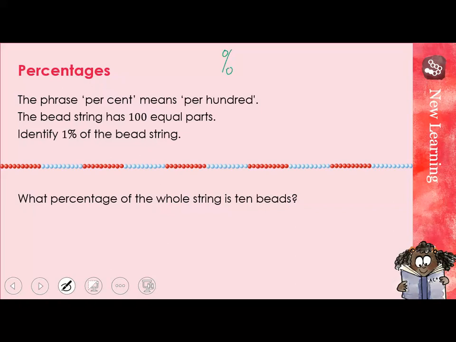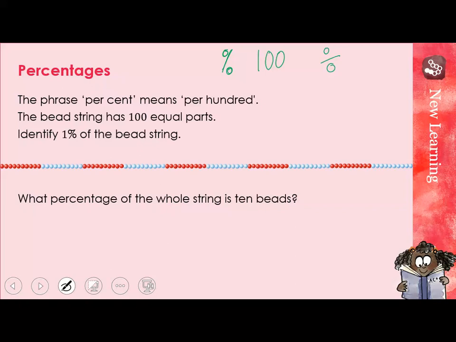A way that we can look at that is if we look at our percentage sign, it sort of looks like a 1 and 2 zeros. Here are 1 and 2 zeros. So that's how we remember the 100 bit. And it also looks a little bit like a fraction, doesn't it? Something over something else.